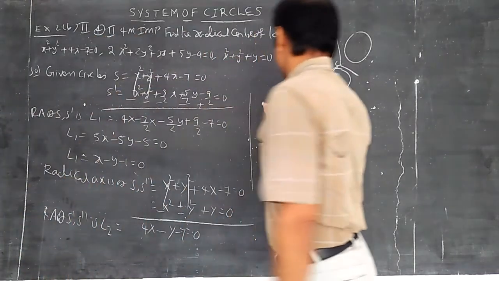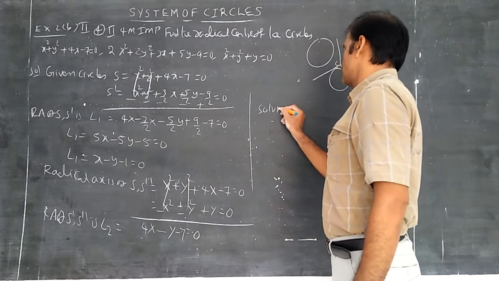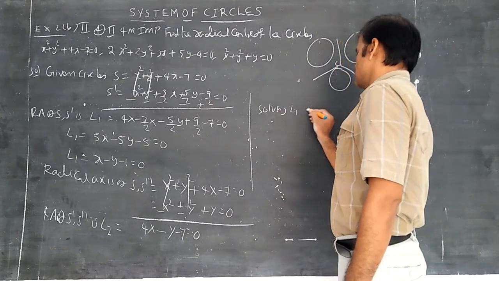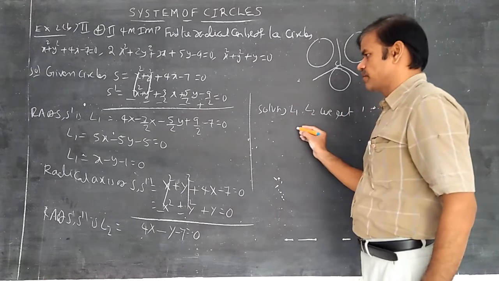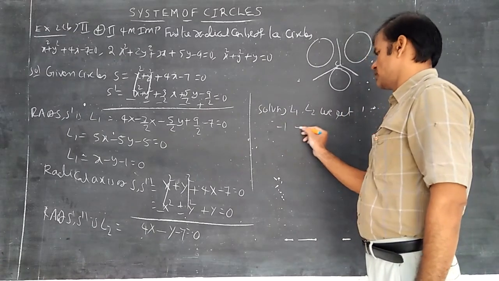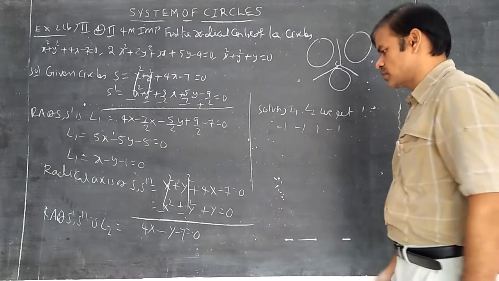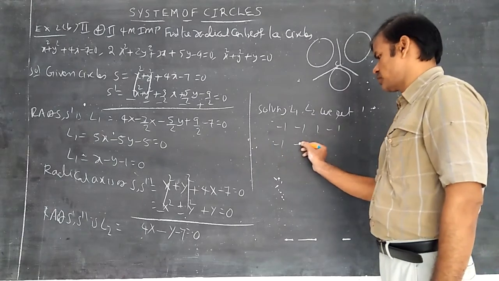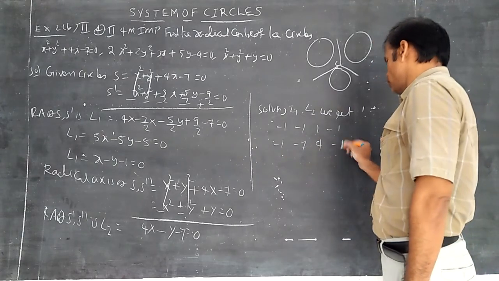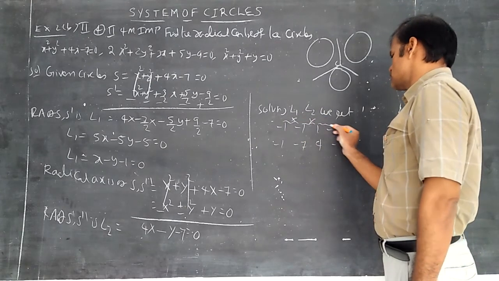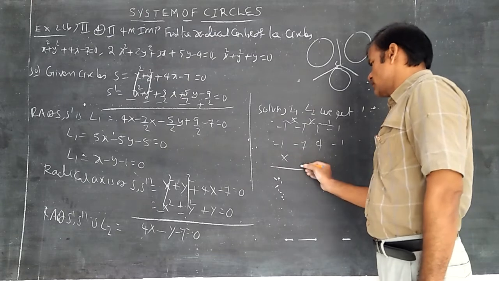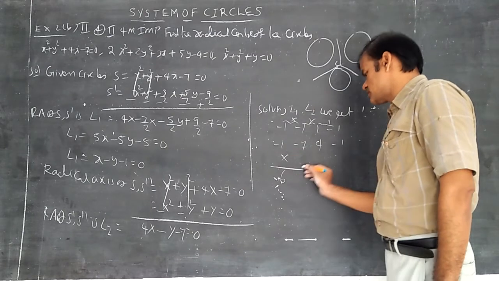Now solving L1 comma L2, we get minus 1, minus 1, 1, minus 1, here minus 1, minus 7, 4, minus 1. This is for x, this is for y, this is for 1. x by 7 minus 1, it is 6.